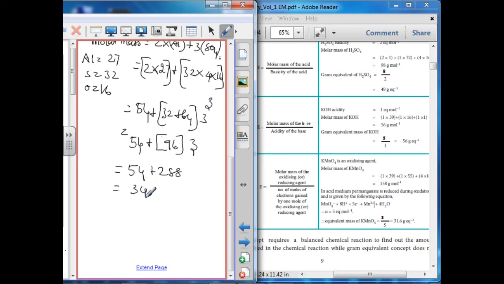So the molar mass of Al2(SO4)3 is 342 gram mole inverse.